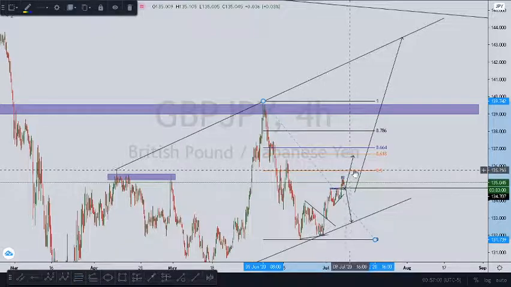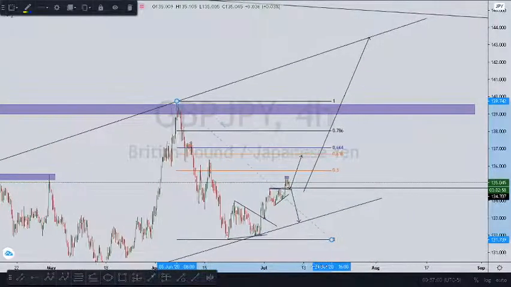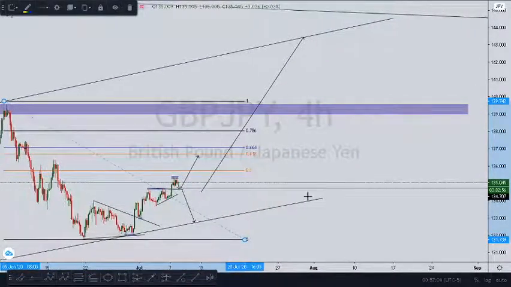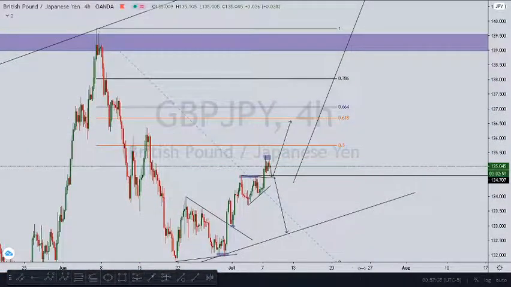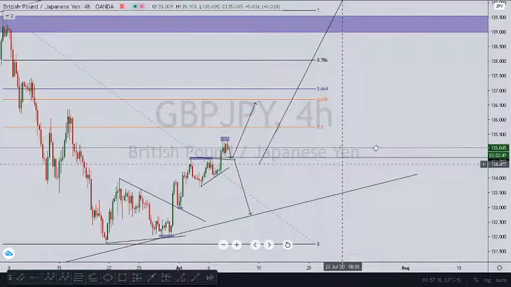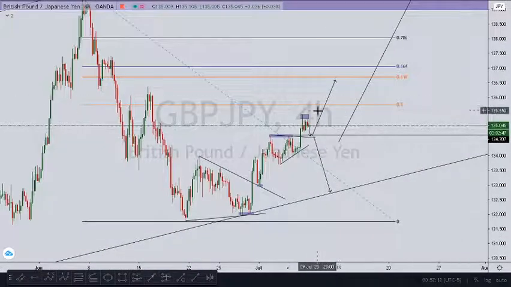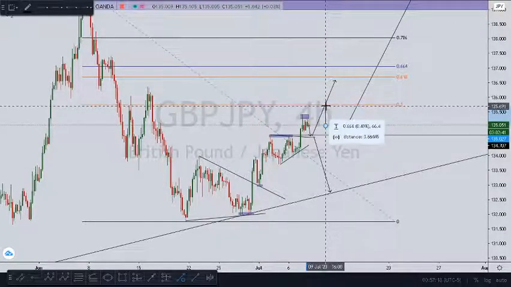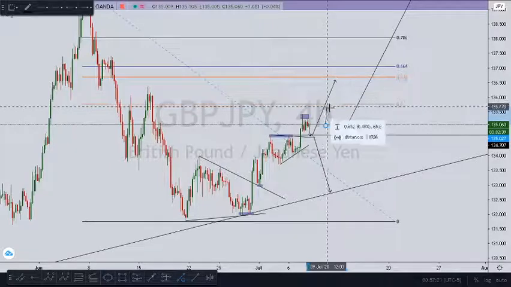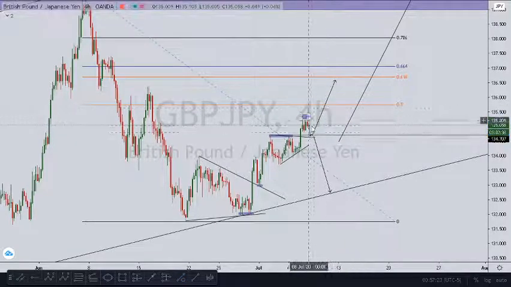And of course, we can see that the 50% level, which is a very important level to watch when trading. You can see that the 50% level here is a few pips above where price currently is. Let's measure that. So it's about 72 to 75 pips up from where price is.